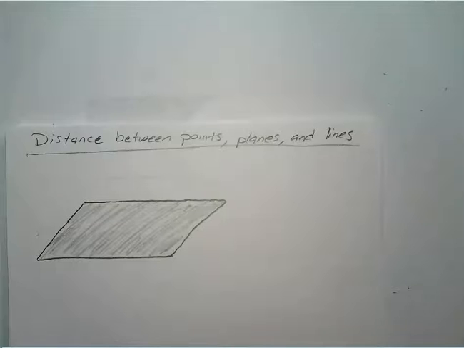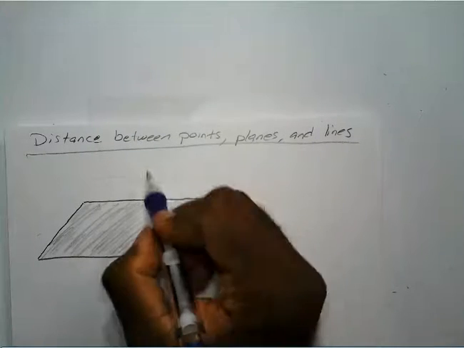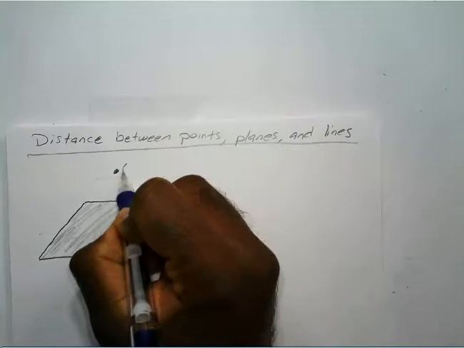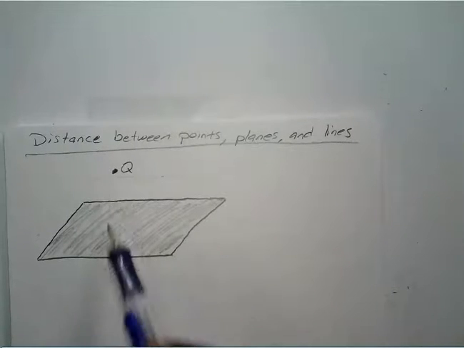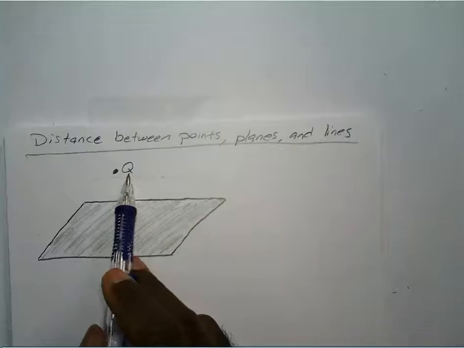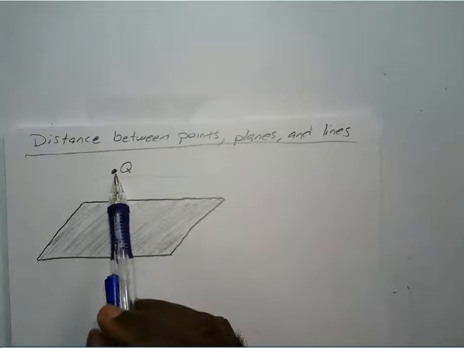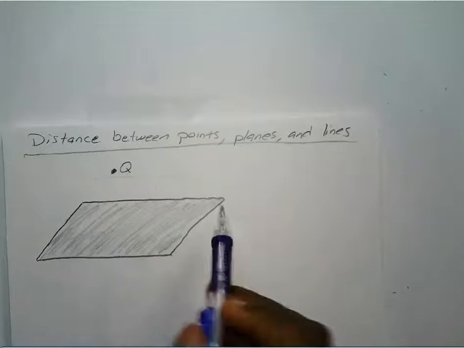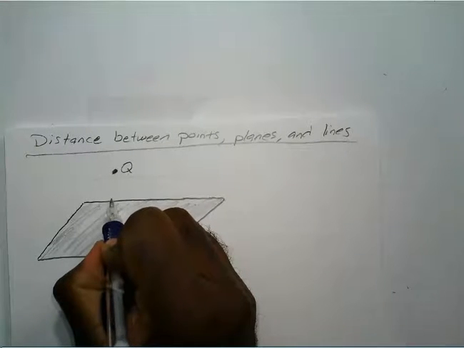What we want to do is find the distance between this plane and a point that's not on the plane that we will call point Q. If this point Q is over the plane, then there's a spot on this paper that's just below it. You can go over this whole plane and you'll see a spot just below it. That will be our normal vector.